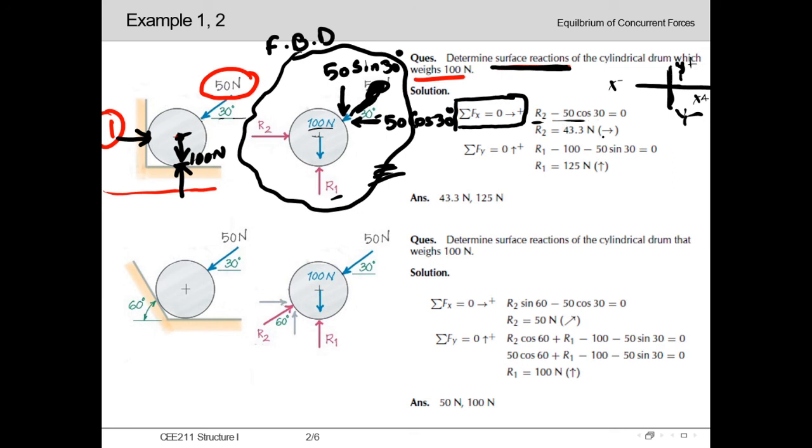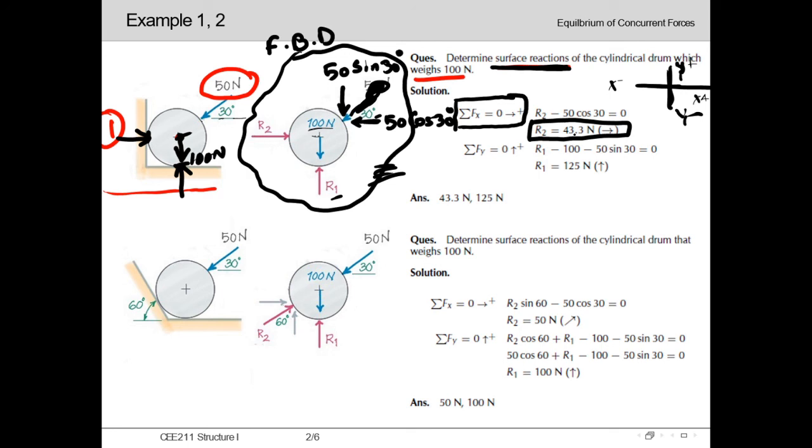We cannot see any other x directional forces in this diagram. So for Fx equal to 0, we get R2 minus 50 cos 30 equal to 0. That means from here we will get the value of R2, 43.3 Newton, just by changing the side of 50 cos 30.